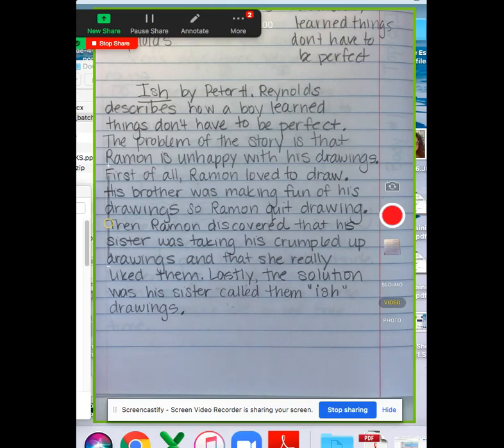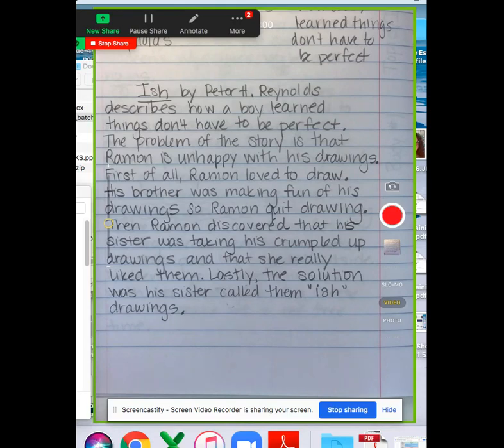Ramon always thought his drawings were not good, but he realized they were good. Okay. Now, this is true. He realized that his sister liked his drawings. But what was the theme? He realized it didn't matter if it was perfect or not.